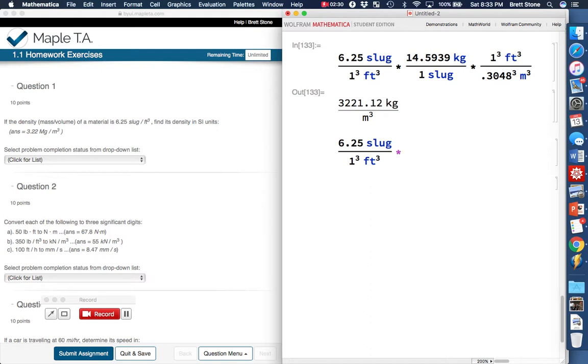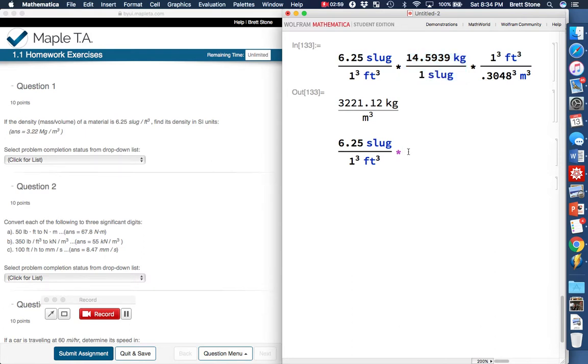I'll start with the numerator, and slugs are a unit of mass in the English system. So I just used Google and looked up slug to kilogram, because a kilogram is a metric unit of mass, and you can see up here where I worked the problem before, 1 slug is equal to 14.5939 kilograms.